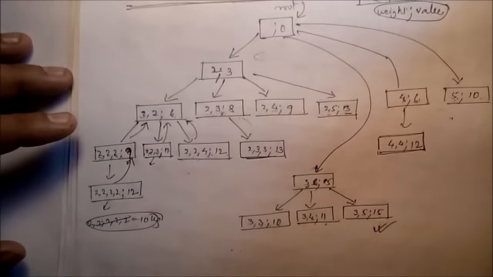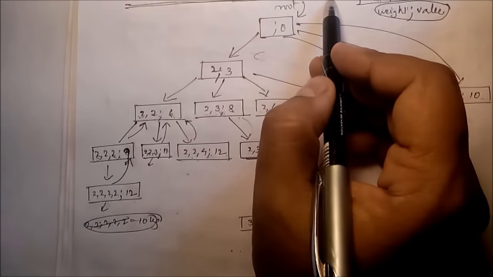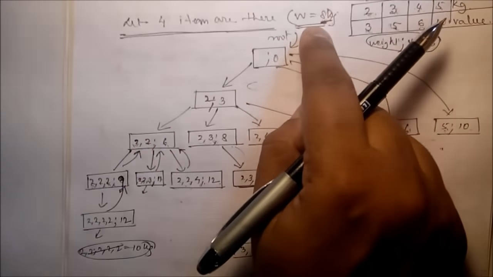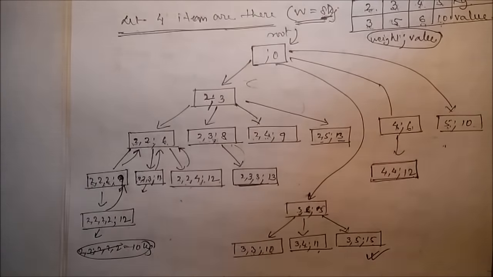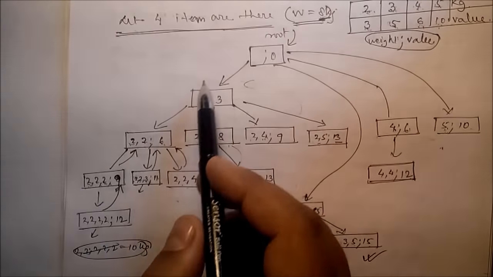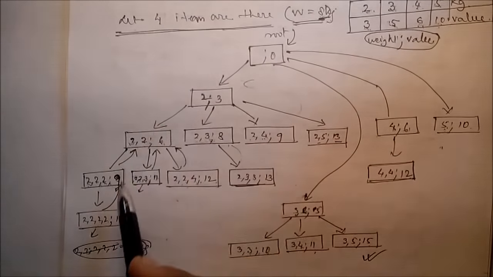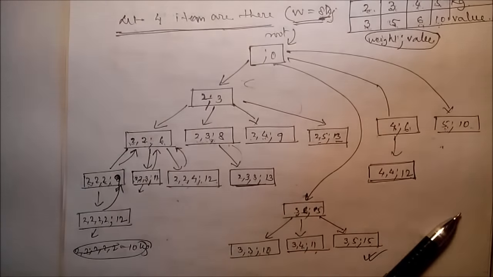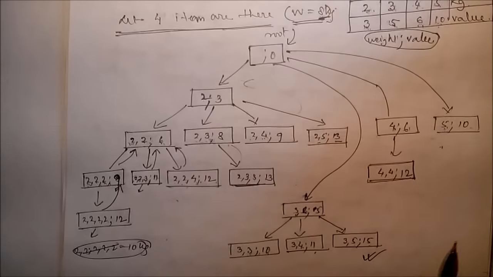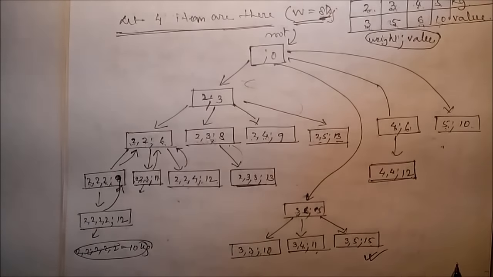Now we can see here that by applying constraints and by avoiding recomputation, we can create one small tree. It's a partial tree, so it's not a full tree. Not all the leaves and nodes are there.